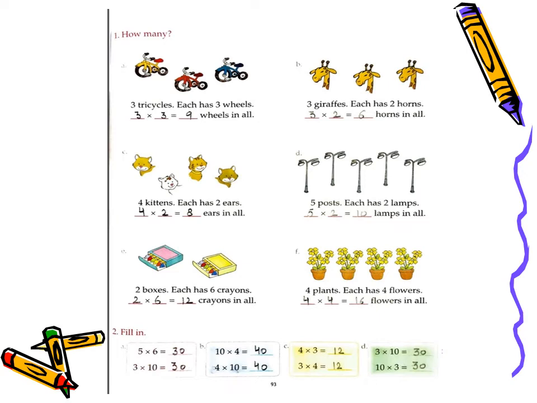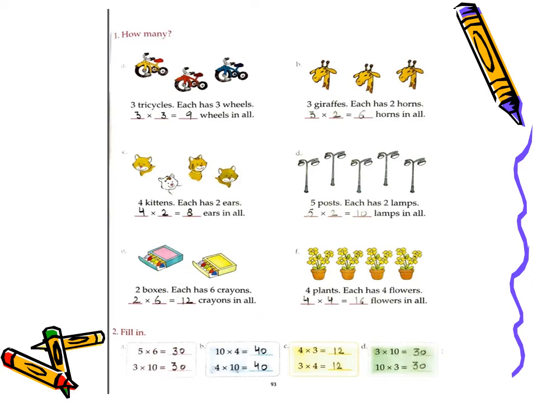D part, 5 posts, each has 2 lamps. 5 into 2 equals 10 lamps in all. E part, 2 boxes, each has 6 crayons. 2 into 6 equals 12 crayons in all.